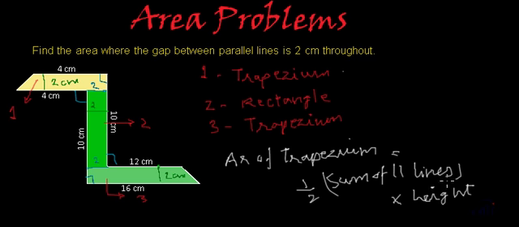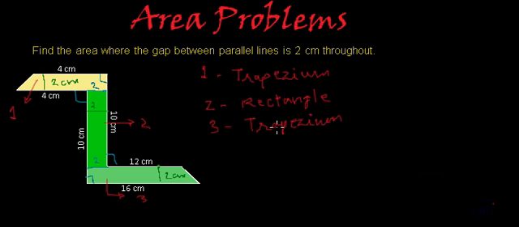Right? Yes. So for trapezium 1, the area will be 1 by 2. The sum of parallel lines is 4 plus, now the length of this parallel line, which is at the bottom, has increased by 2. Why? Because the gap between two parallel lines is 2.